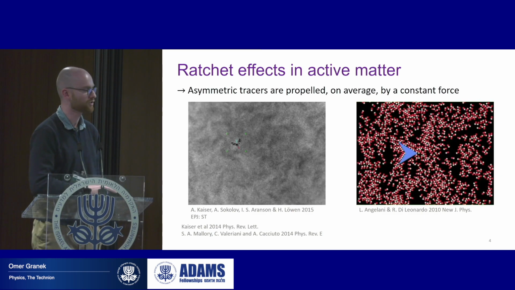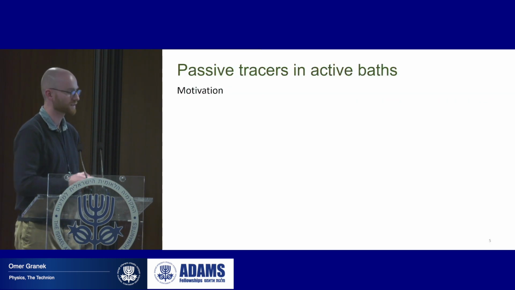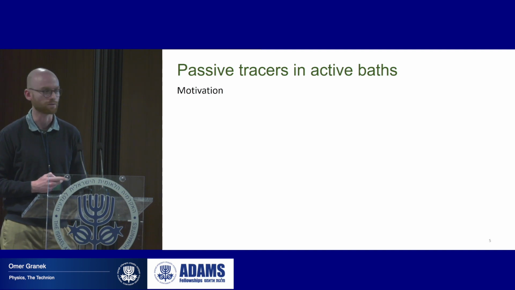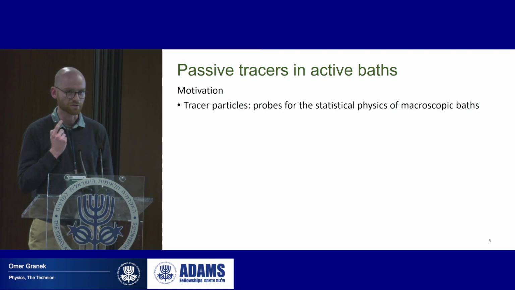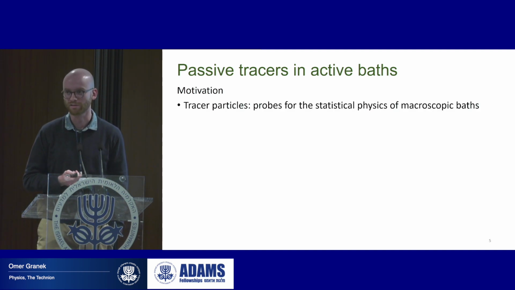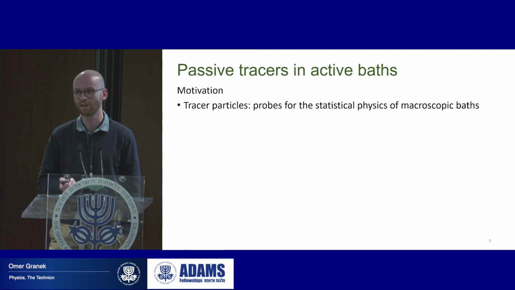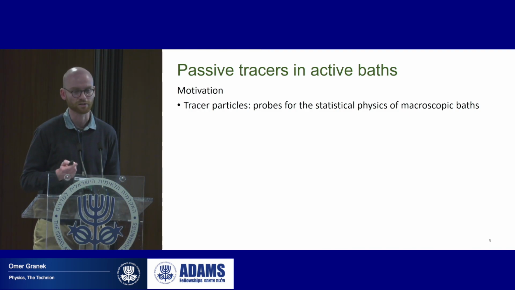What about fluctuations? So fluctuations is a fundamental problem in statistical mechanics. Understanding the fluctuations of tracer particles is extremely important both experimentally, since we use them all the time, as part of a technique known as microrheology.